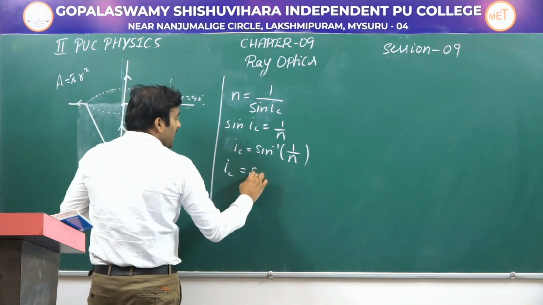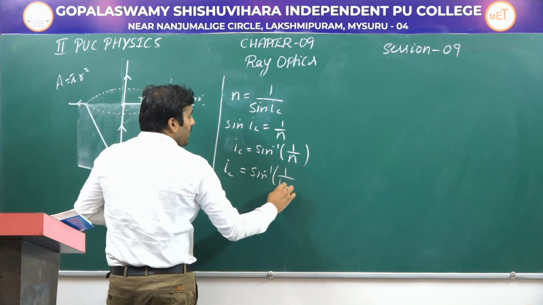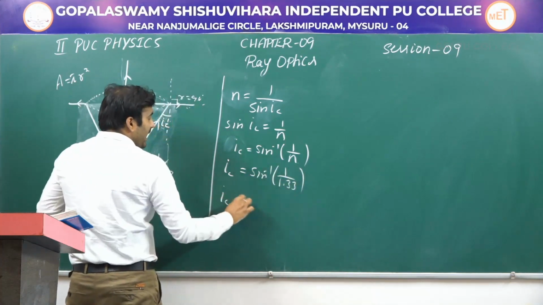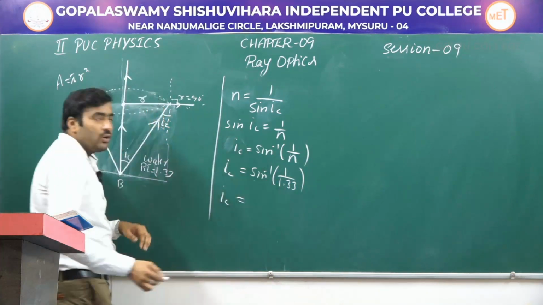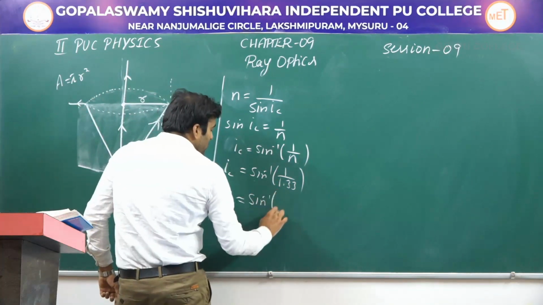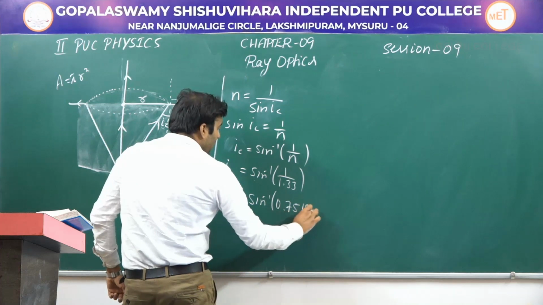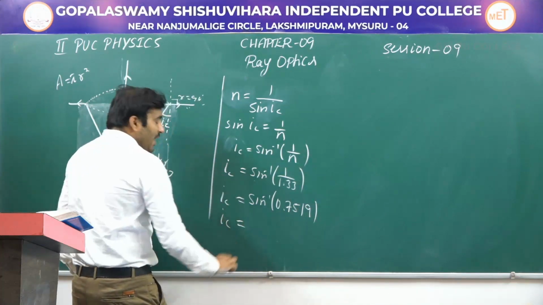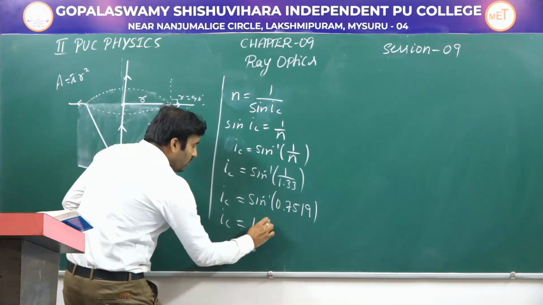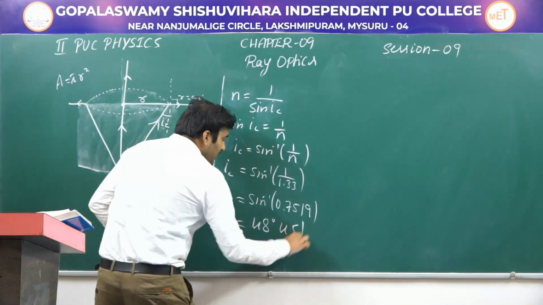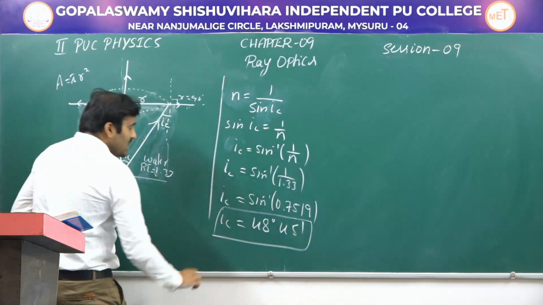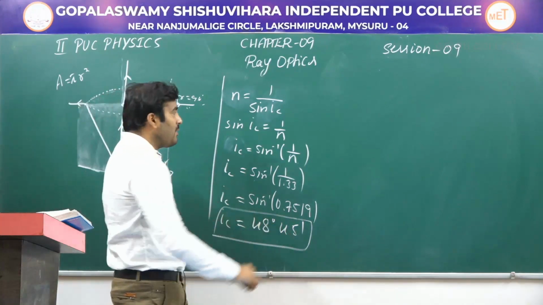So IC is sine inverse of 1 divided by 1.33, which is sine inverse of 0.7519, and if you find the value of IC, you will get 48 degree 45 minutes, correct? So the value of IC is found to be 48 degree 45 minutes.